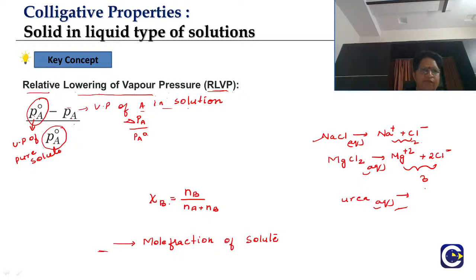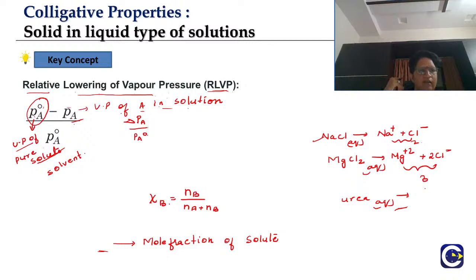PA naught is the vapor pressure of pure solvent. PA வந்து vapor pressure of A in the solution. So when we add solute particles, என்ன ஆகும்?